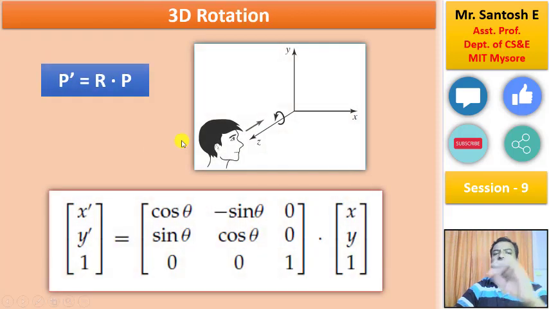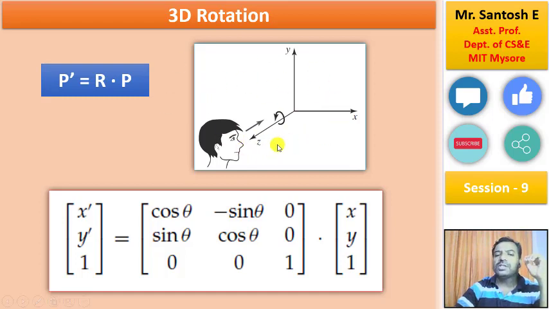Now look at the 3D rotation. As I told you, it is not as straightforward as the other types of transformation. Observe this: the 2D rotation we derived was for the x and y plane, and the z-axis was the constant reference axis for rotation.